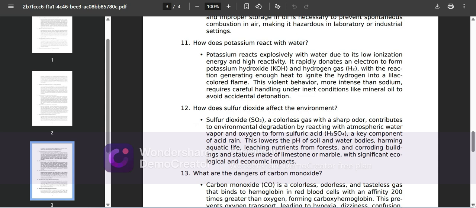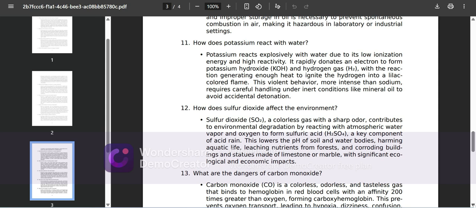How does potassium react with water? Potassium reacts explosively with water due to its low ionization energy and high reactivity. It rapidly donates an electron to form potassium hydroxide, KOH, and hydrogen gas, H2, with the reaction generating enough heat to ignite the hydrogen into a lilac-colored flame.